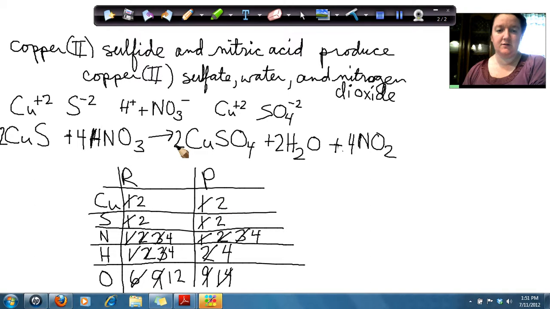We have 8 oxygen, 9, 10, plus 10 plus 8 would be 18. We have 18 oxygen, but we don't have 18 over here. We need to change that number to be able to get 18.